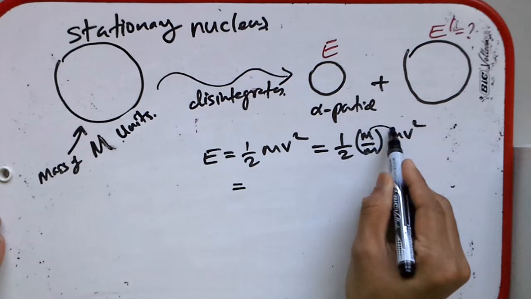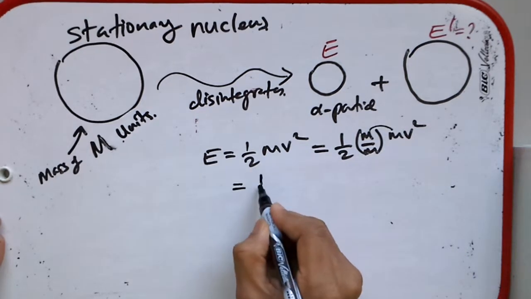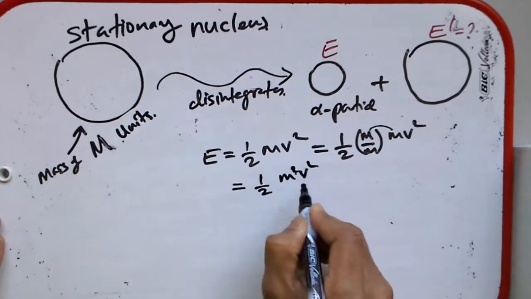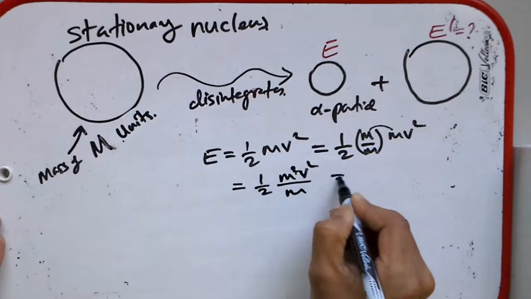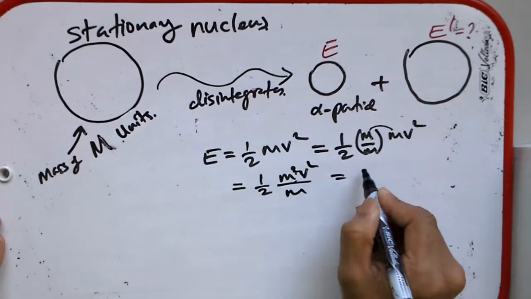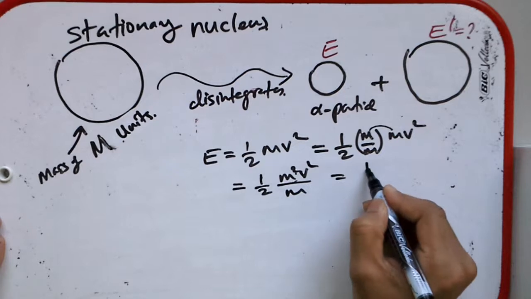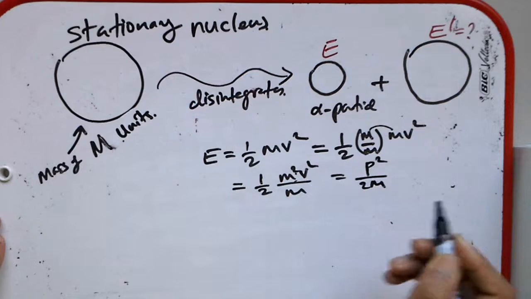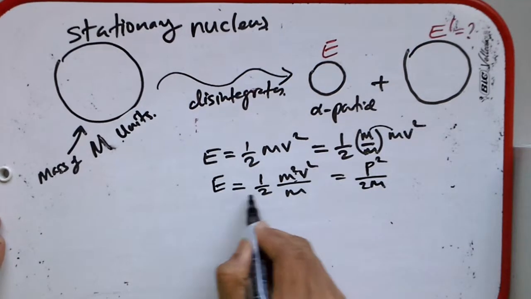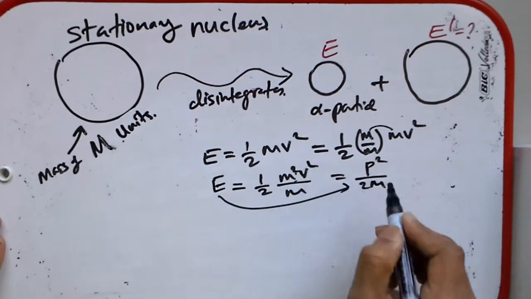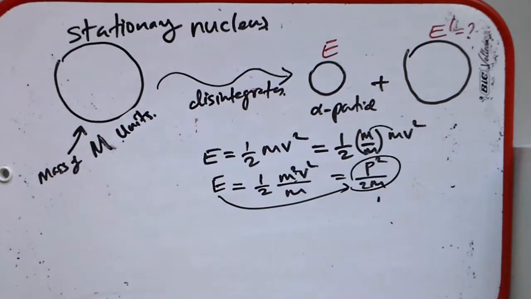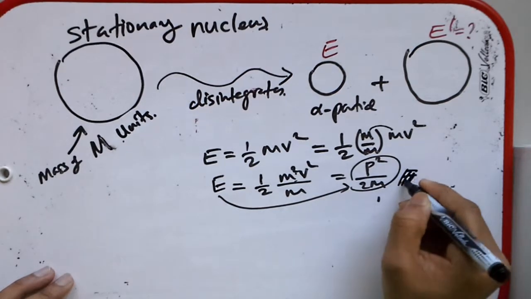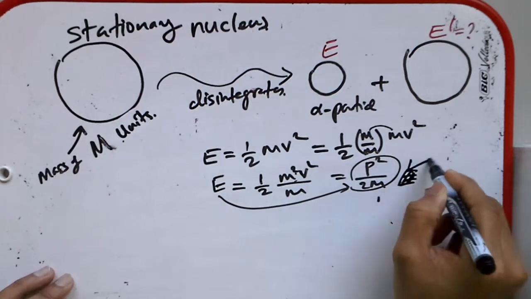So now look at this. This is m squared, so I can write this as half m squared v squared by m. What is mv? mv is our momentum, right? So I can write this as p squared by 2m. So the kinetic energy can be written in terms of momentum as p squared by 2m. Remember this relationship, because this is important. I'm going to use this p squared by 2m.